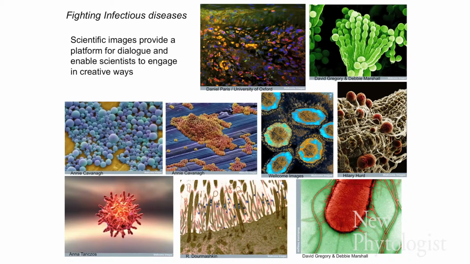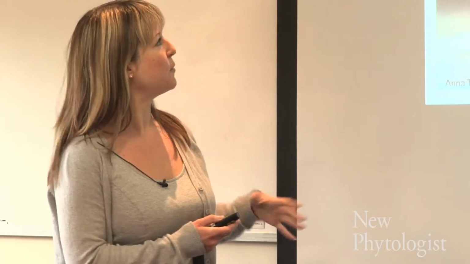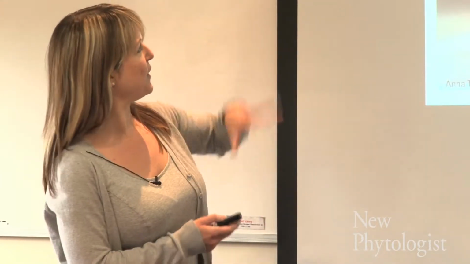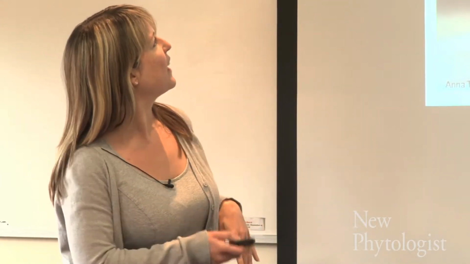As an example, if you were going to run a project themed on fighting infectious diseases, then these are the sort of images that we would generally tell scientists to use, because they're not obvious, they're intriguing. You don't have to tell people what they are, so they can go on a creative journey with them. And artists and writers absolutely love it when you give them these images, because they just don't usually see them. So these are the sorts of images we would use.